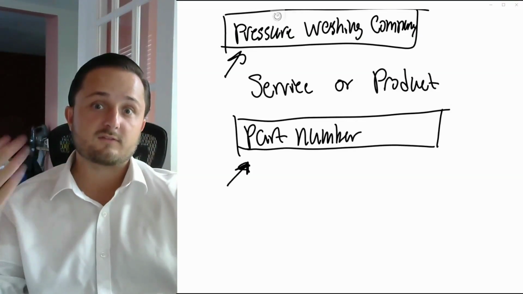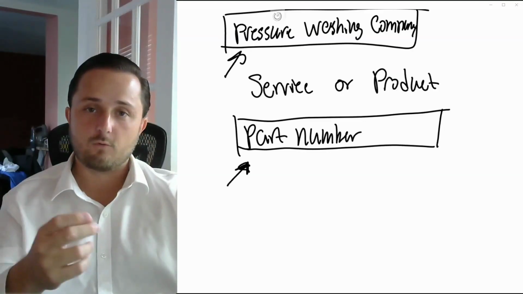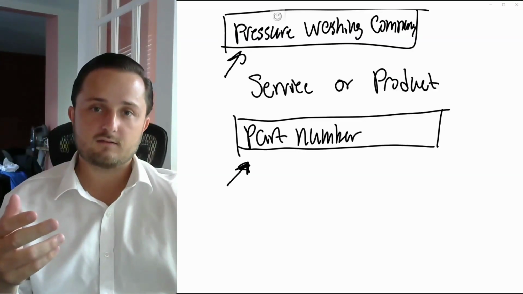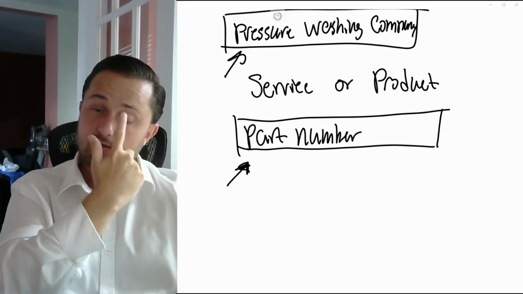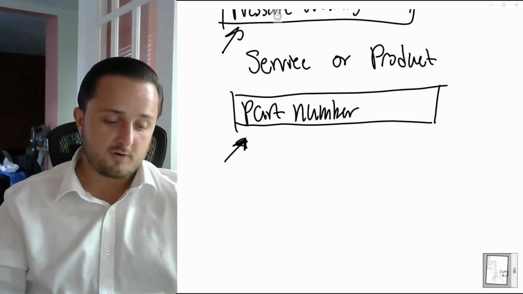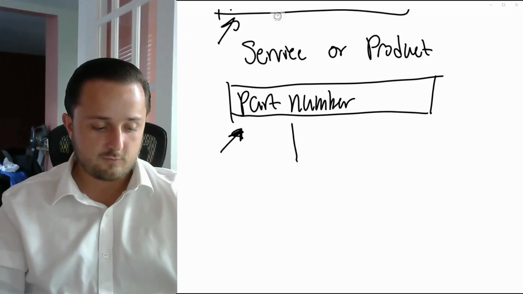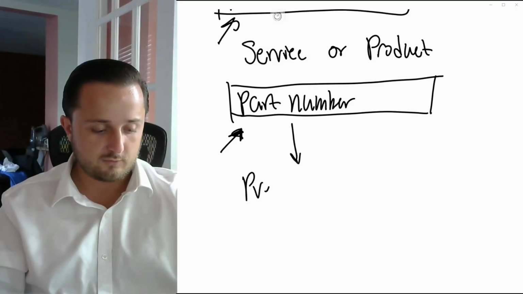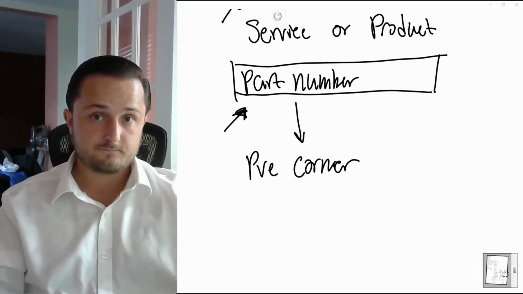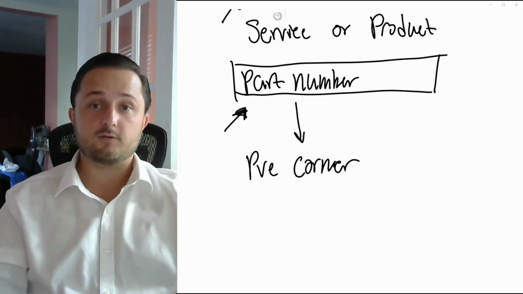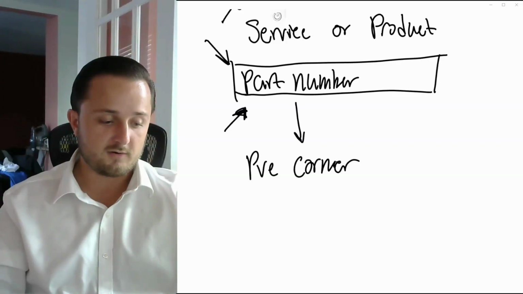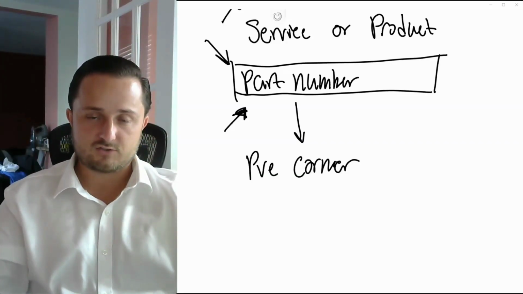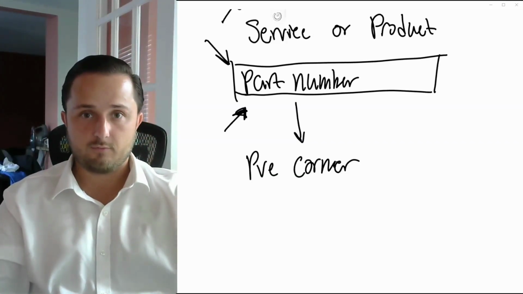You would not go and search for what the thing looks like. So what we have to think about is, what are people searching for? Okay. So if you know the part number and that part number is for a PVC corner, someone that is unfamiliar with PVC or PVC corners doesn't know to search for that part number. And I know this is an extreme example, but I'm just trying to illustrate a point.